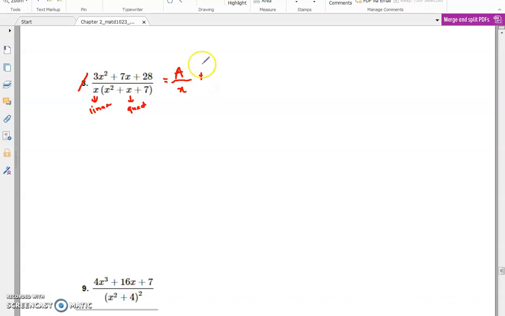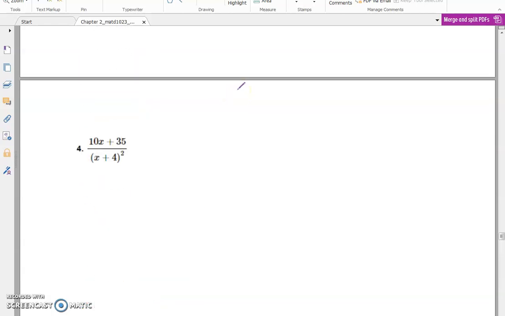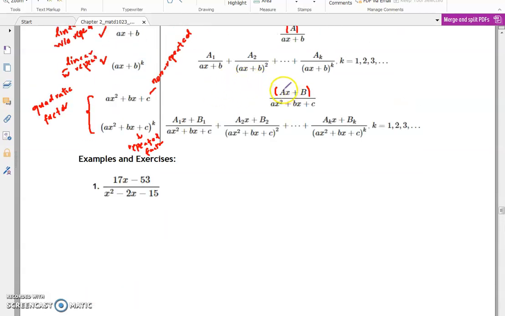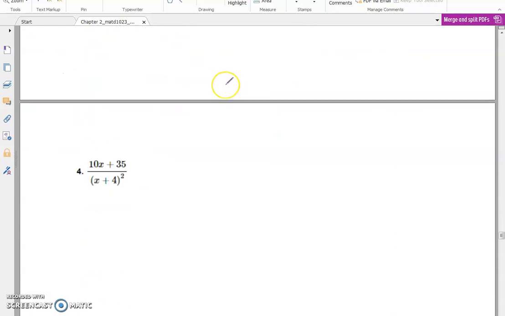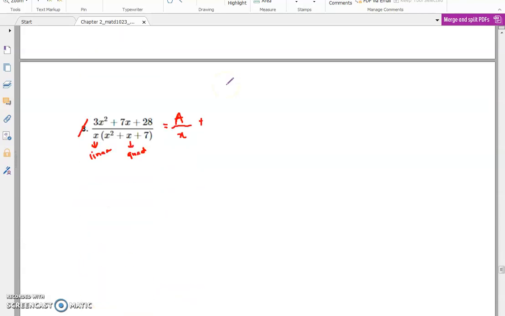But here, like I told you, since we are dealing with a quadratic, if you look back into our table, we are supposed to use ax plus b over x squared plus x plus 7.